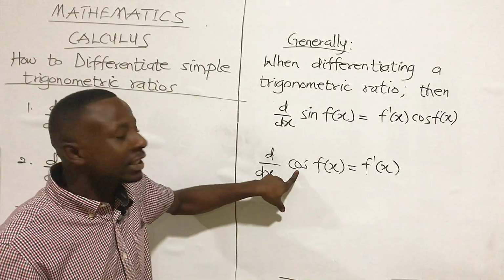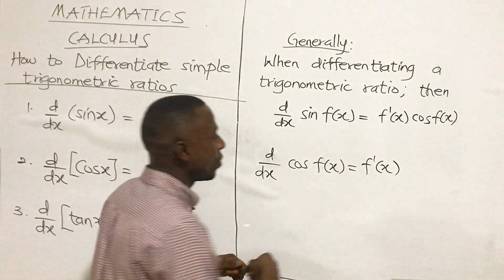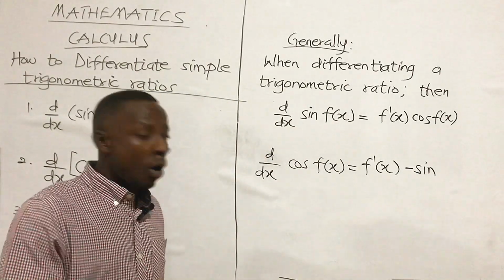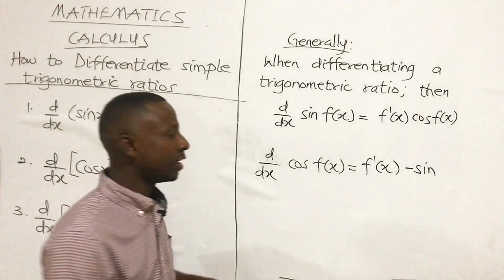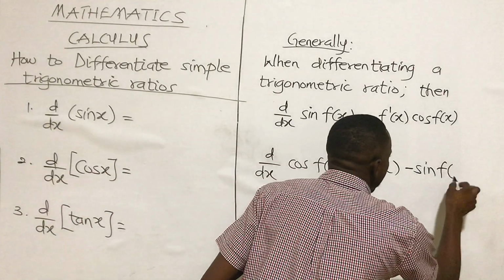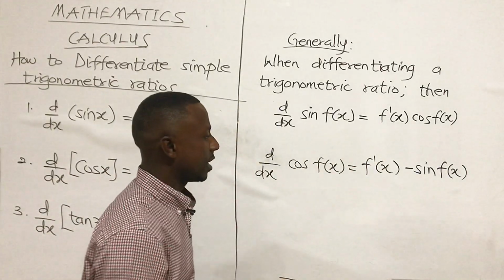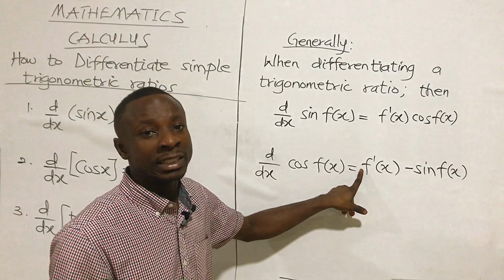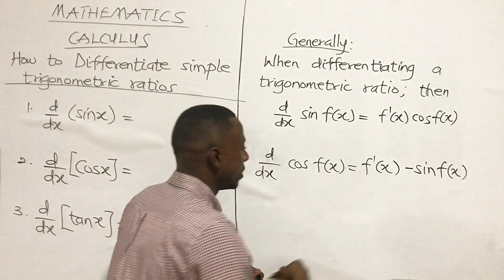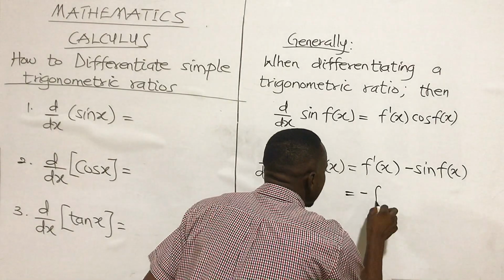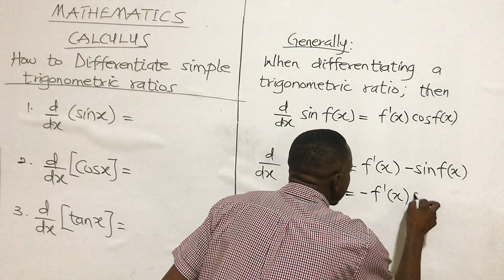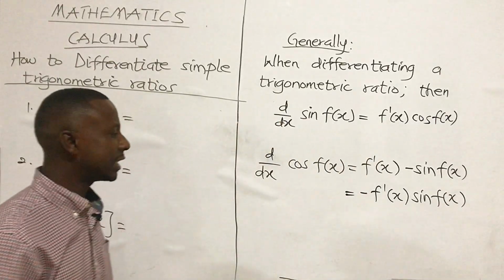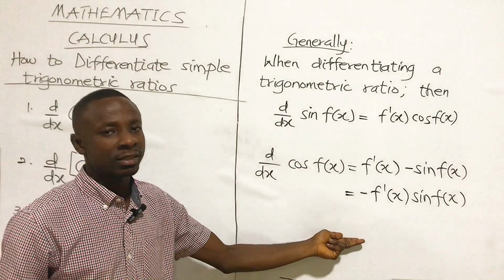But when we differentiate the cos itself, we get minus sine of the function given. So minus sine f of x. And here, because of the negative, we can just write it in front. So we have minus f prime of x sine f of x. This is going to be the differential.